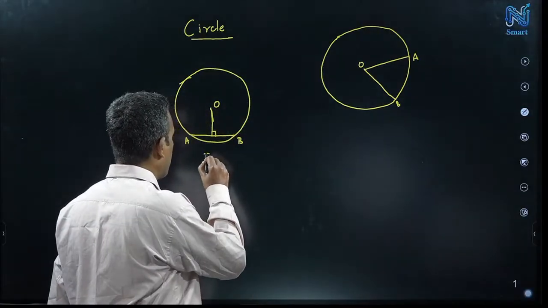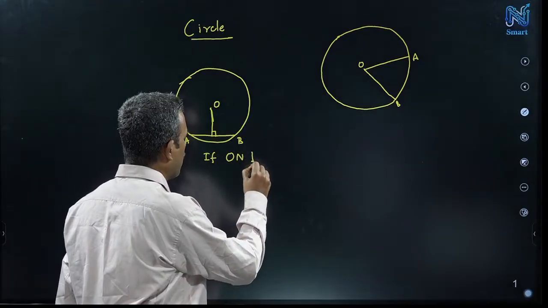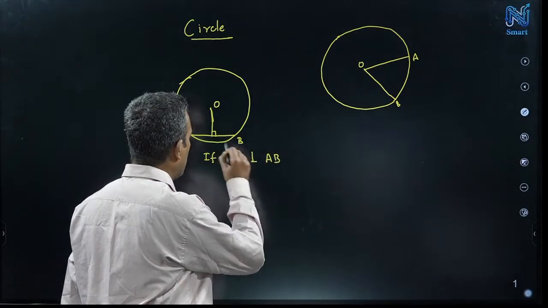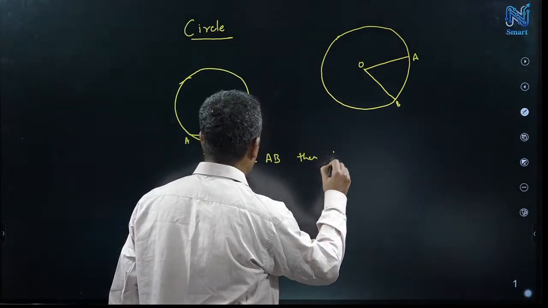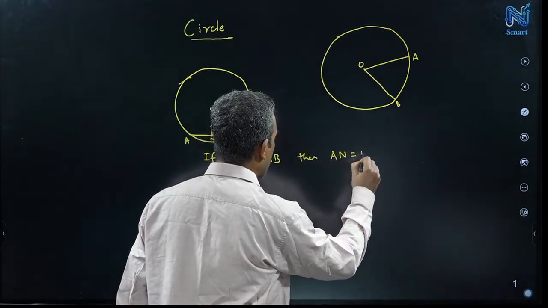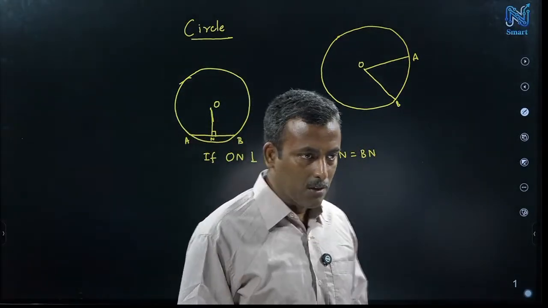So, if ON is perpendicular to AB, then AN is equal to BN, right, and the converse is also true, you know that.